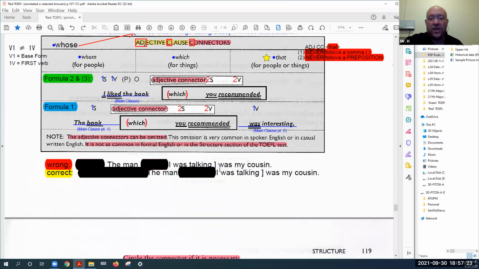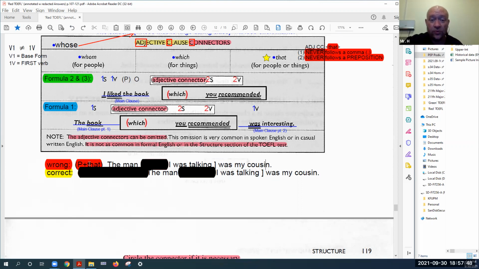And then look down here. I will show you two examples. One is wrong and one is correct. Ibrahim, can you read the wrong example? The man I was talking was my cousin. The P means a preposition plus that.